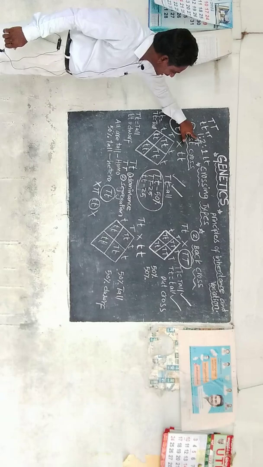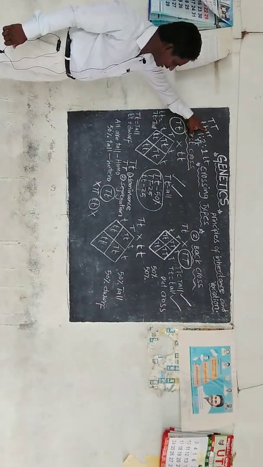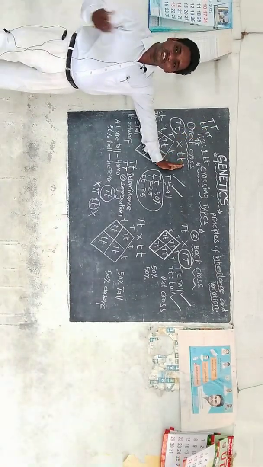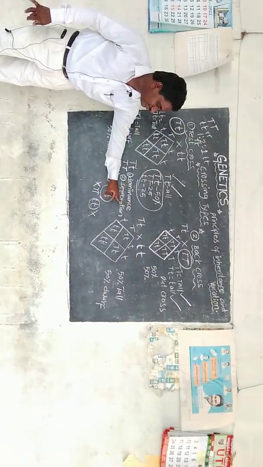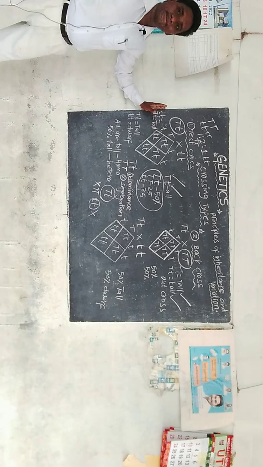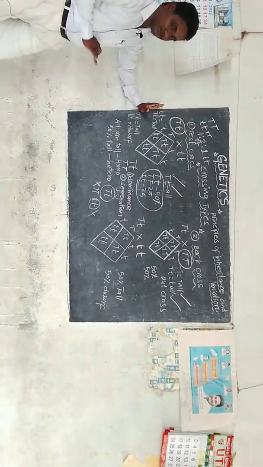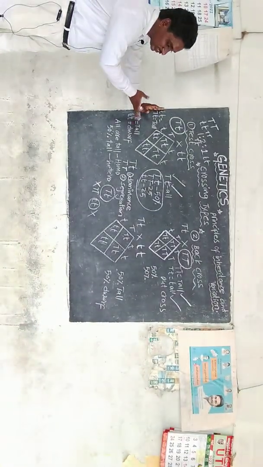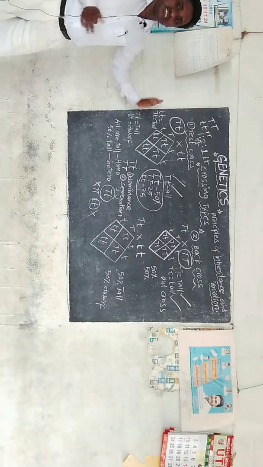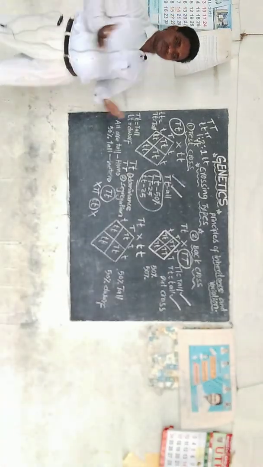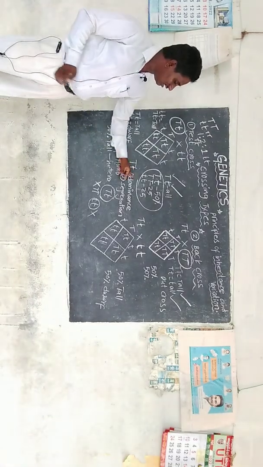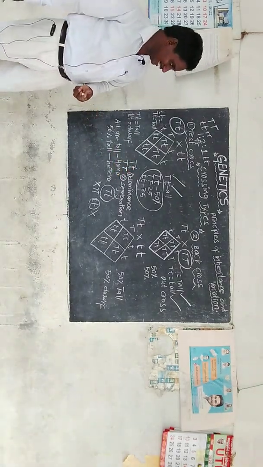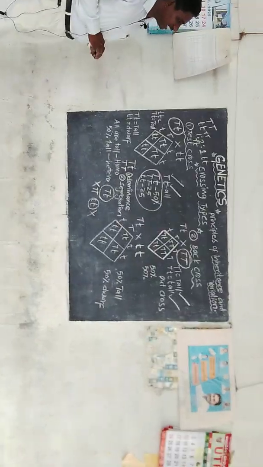Even though these characters are not expressed in the first generation, they will exhibit after self-fertilization. That is called law of segregation. They do not mix together. They do not blend and mix with other traits. They will separate and exhibit their own trait in the next generation. That is called law of segregation. So I think you have understood.